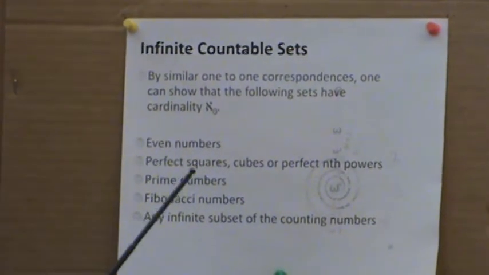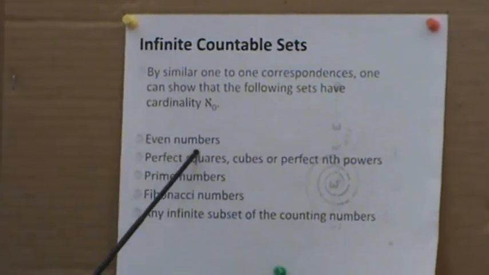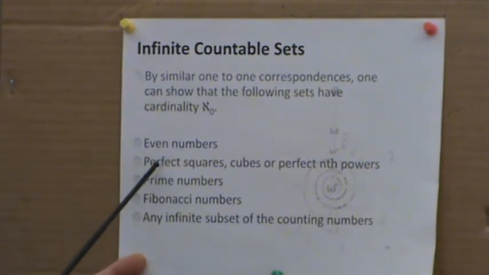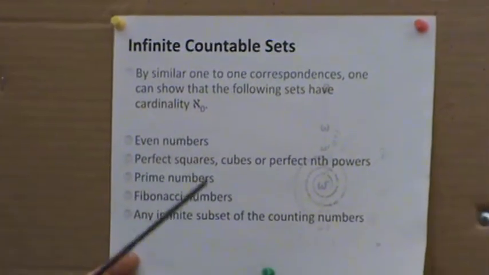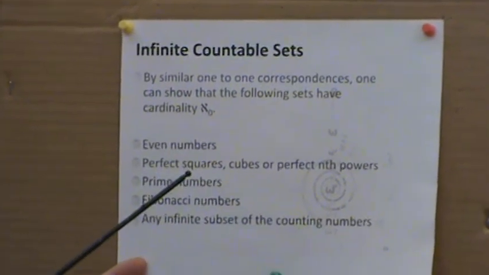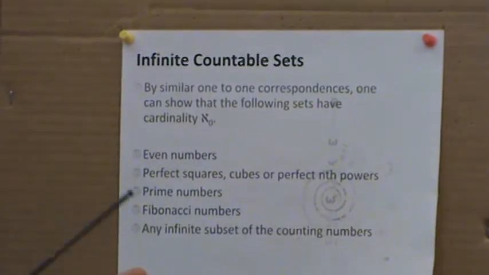So we can show that between the set of counting numbers and the even integers, there is a one-to-one correspondence. The same is true between them and the perfect squares, like 1, 4, 9, 16, 25, and so on.